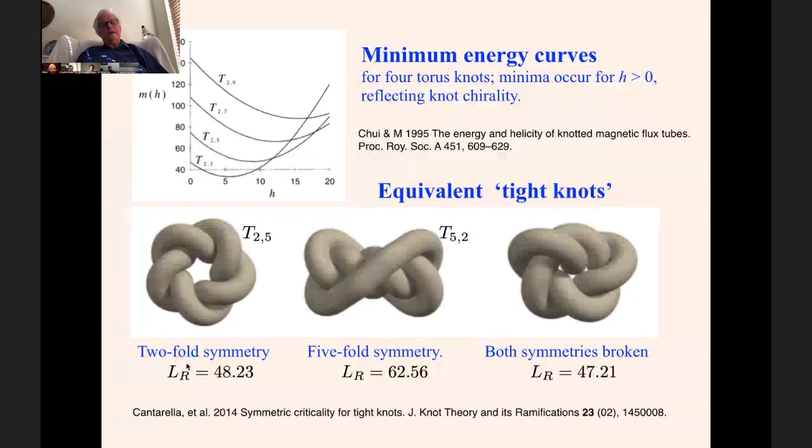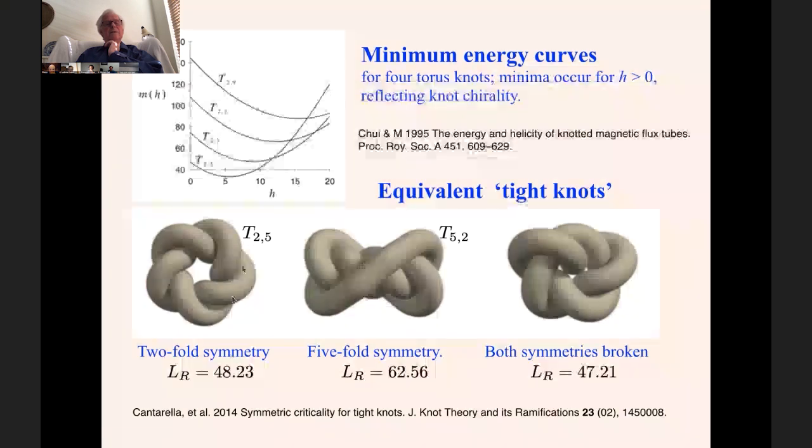And the equivalent of the energy here, in terms of a normalized length of the knot, for 48.23 here, is considerably greater for the more complex initial configuration. But the interesting phenomenon shown here is that for a configuration that breaks both symmetries, the energy is actually slightly less than the energy for the twofold symmetry.